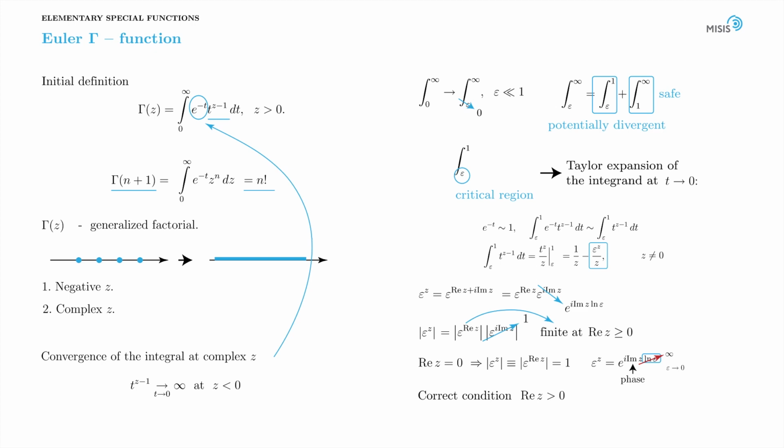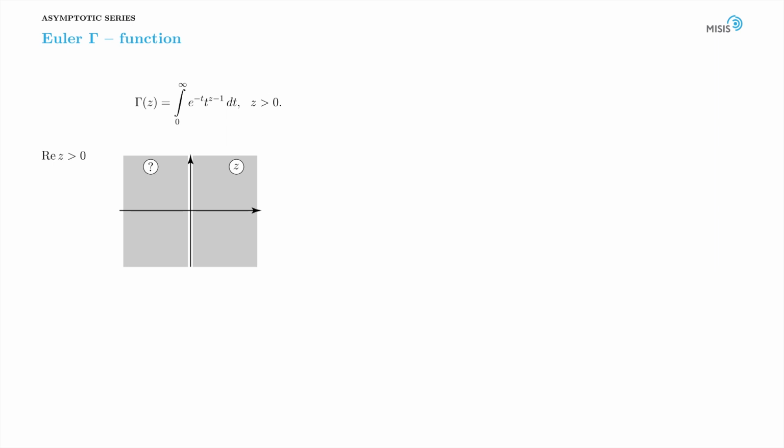Now, the condition defining the existence of the integral is that the real part of z is positive. So the area at which, for the moment, the gamma function is defined is the right complex semiplane, excluding the imaginary axis. The question is, can we give some sense to the gamma function with z lying in the left-hand side of the complex plane?